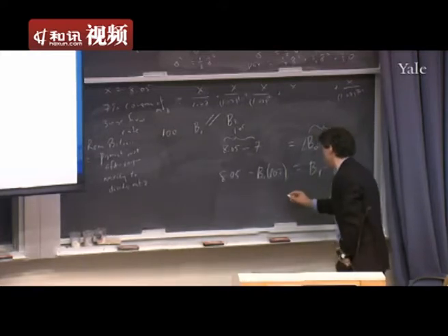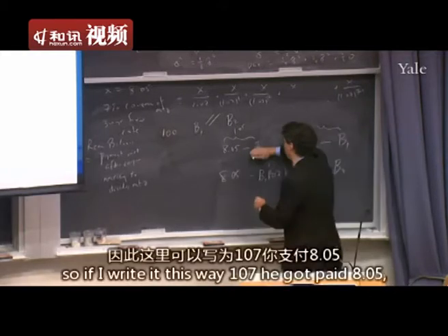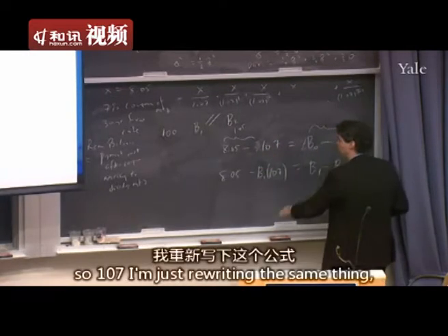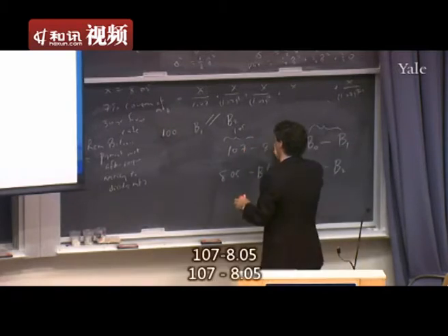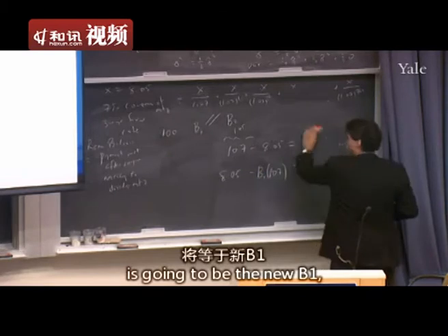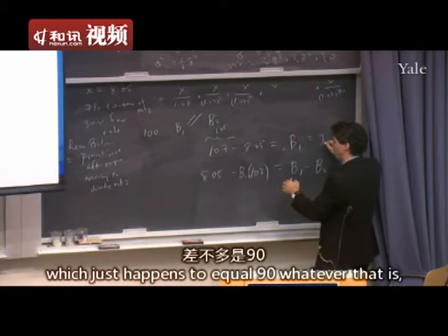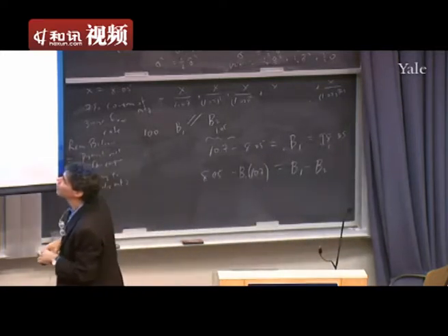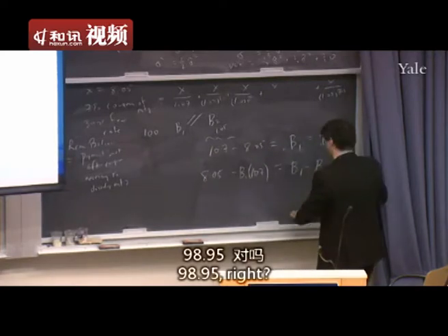So this is 7. He got paid. So if I write it this way, 107, he got paid 8.05. I'm just rewriting the same thing. 107 minus 8.05 is going to be the new B1, which happens to equal 98.95.